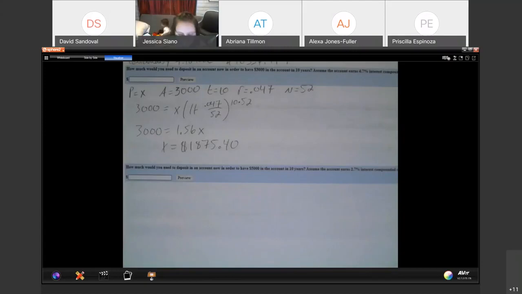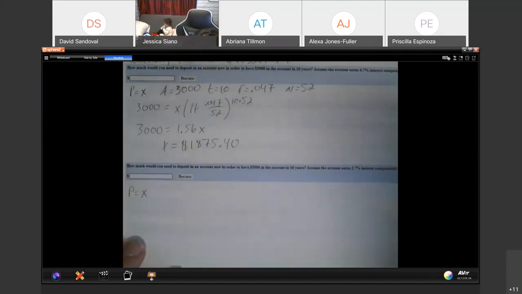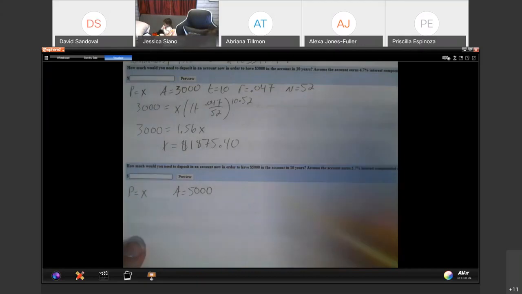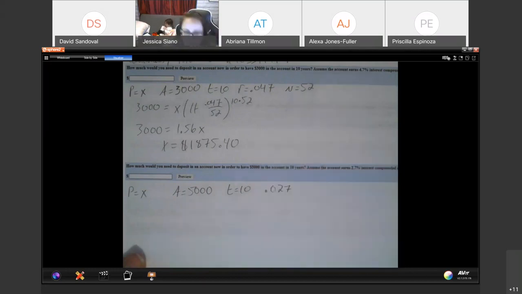How much would you need to deposit now? So this is another case where I'm looking for P. In order to have $5,000 in your account after 10 years, assume you earn 2.7% interest compounded continuously.